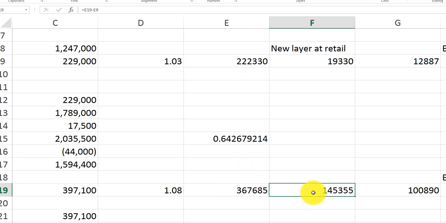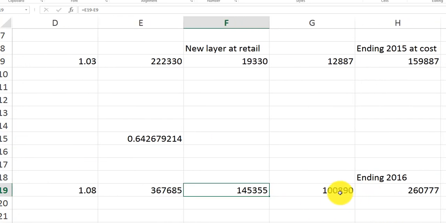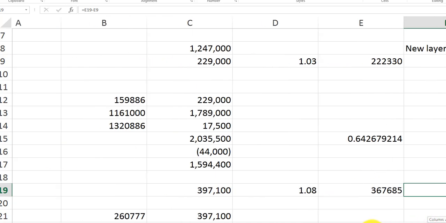We have a new layer at retail of 145, which is the difference between those two. We then convert that to cost by multiplying by the cost percentage. And then we have our ending inventory, which is simply our ending inventory last year plus this new layer. All right.